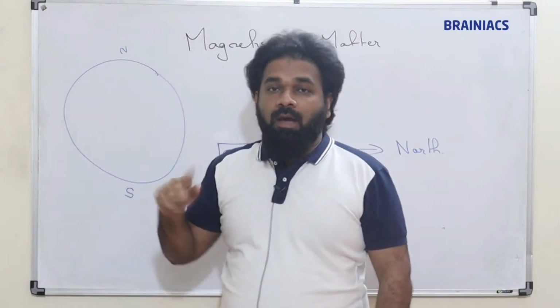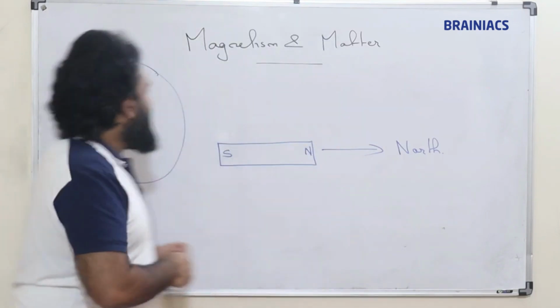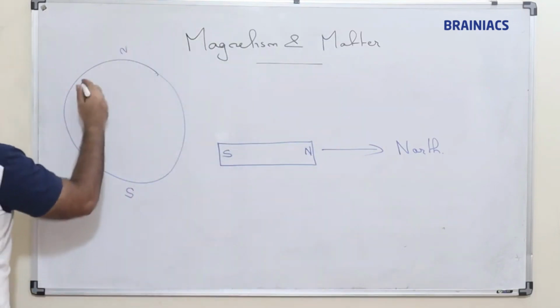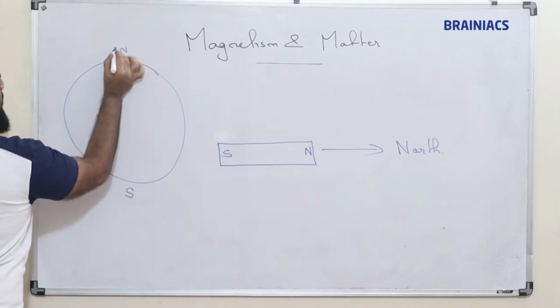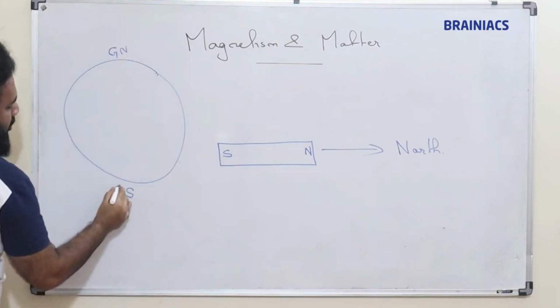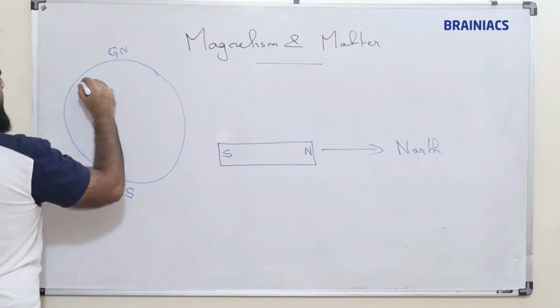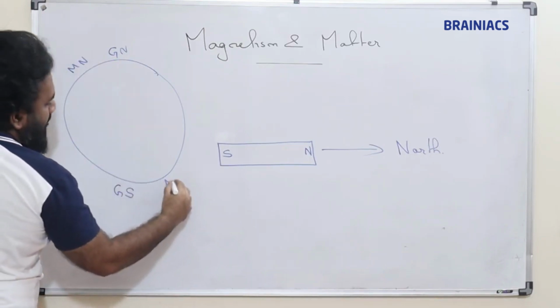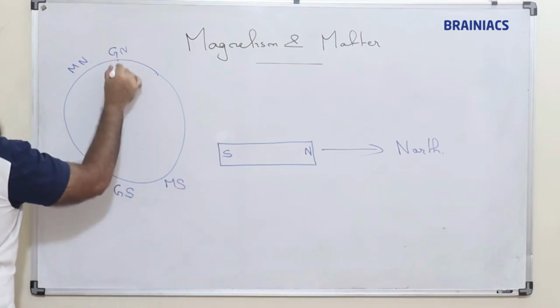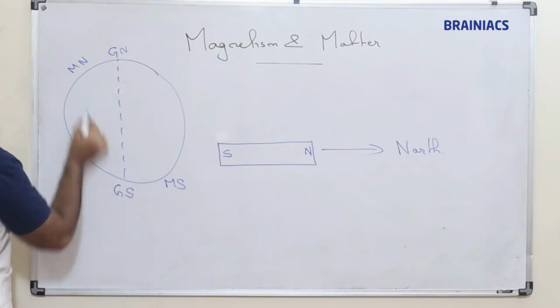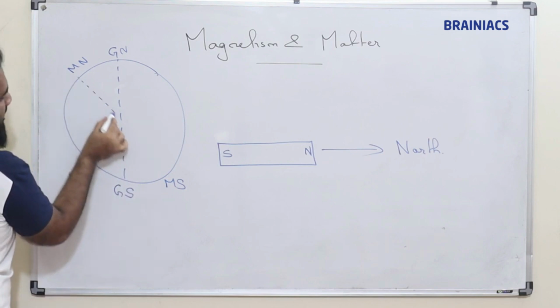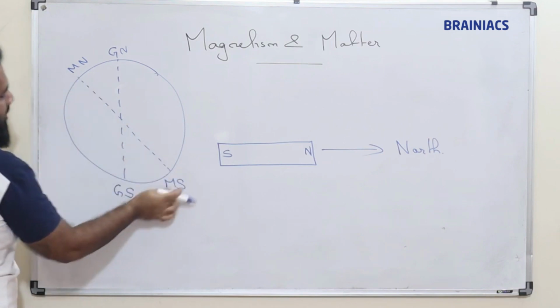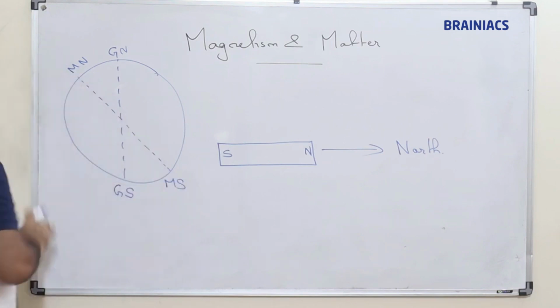Other than that there is something called magnetic north and magnetic south. Suppose this is the axis between magnetic south and magnetic north.